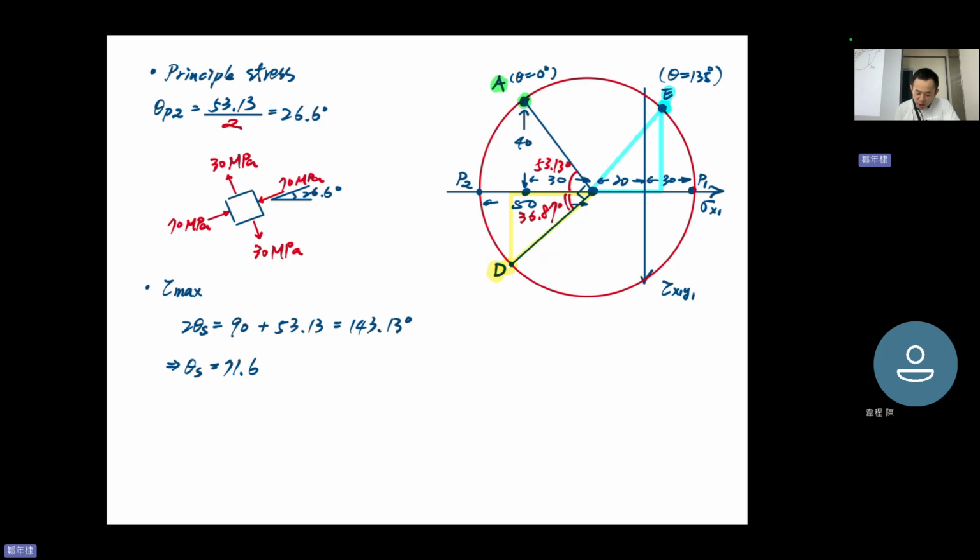Maybe you will ask why you choose positive rather than negative. Yes, you can do that. 90 minus 53.13 is 36.87, and you can divide that by 2, so you can get another theta s, no problem. But here I prefer to make it a relatively bigger value.